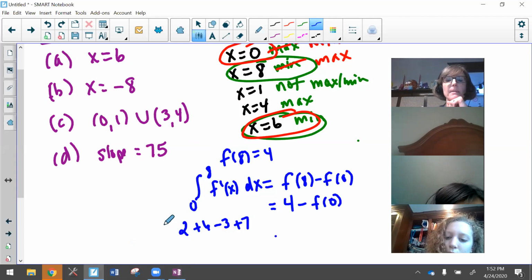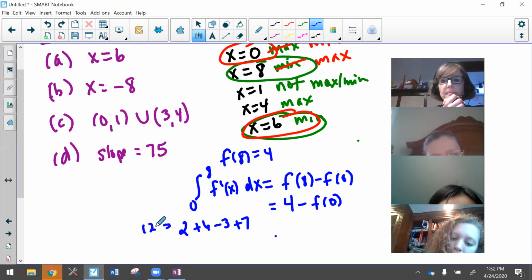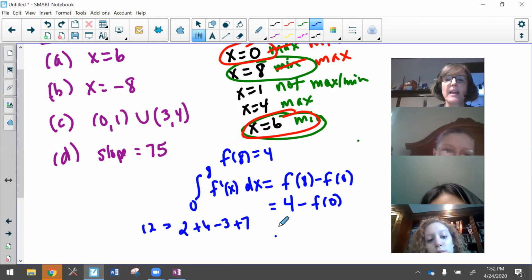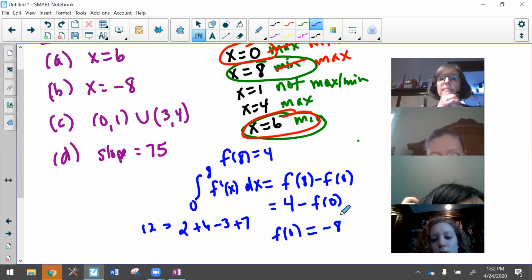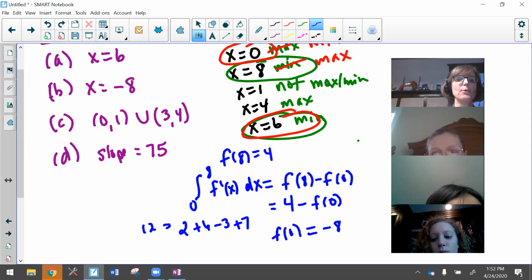And that, I believe, is 12. So that tells me that f of 0 is equal to negative 8. Okay, everybody there? Okay, then you figure out what f of 6 is.